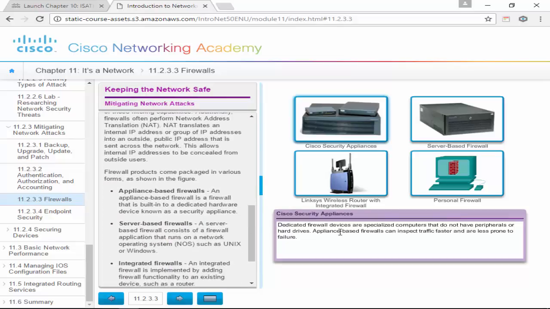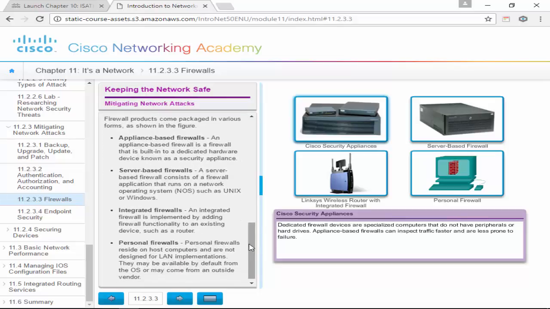So there's appliance-based firewalls, such as this. And Cisco's not the only one to make them. Hate to tell them that. There's server-based firewalls, where all the traffic goes through a server. A server-based firewall consists of an application that runs on a network operating system, such as Unix or Windows, and usually it's scanning. We send traffic through there.